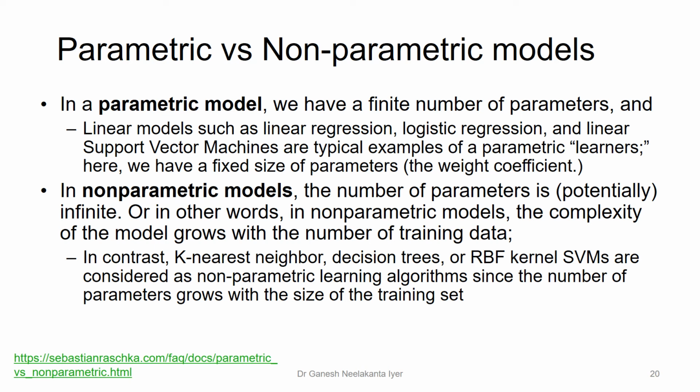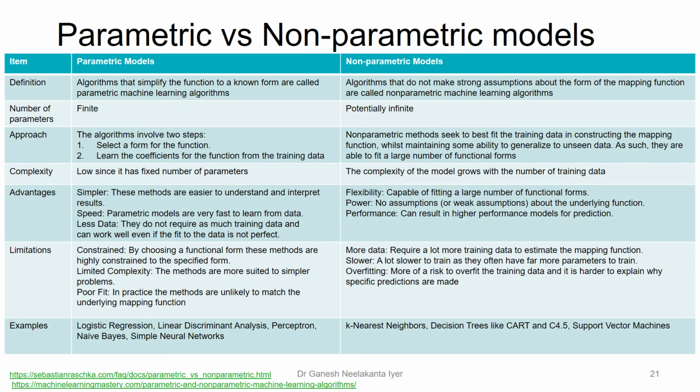So KNN, decision tree, etc. are all considered non-parametric since the number of parameters grows with the size of the training set. Here is a table that summarizes the difference between parametric and non-parametric models. I suggest you pause the video here, understand the differences, and find out the advantages, disadvantages and limitations of both of these types of models before you proceed.